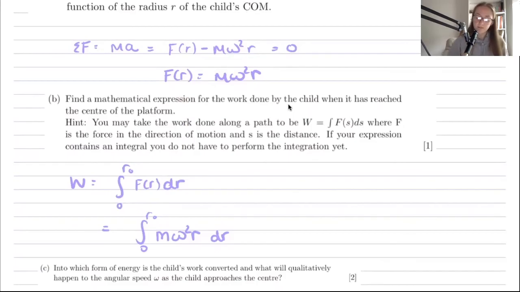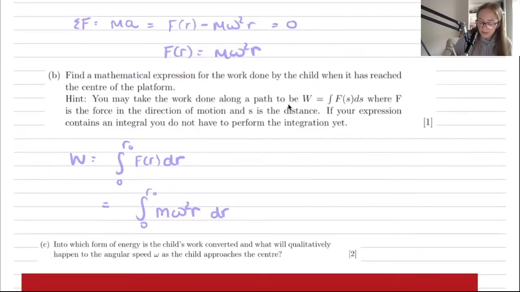So we can't just multiply this force by our distance traveled, because it's changing as our distance changes. Essentially it looks like this. The area underneath, if we say that's r, our distance, and that's r naught, the total distance we had to travel.